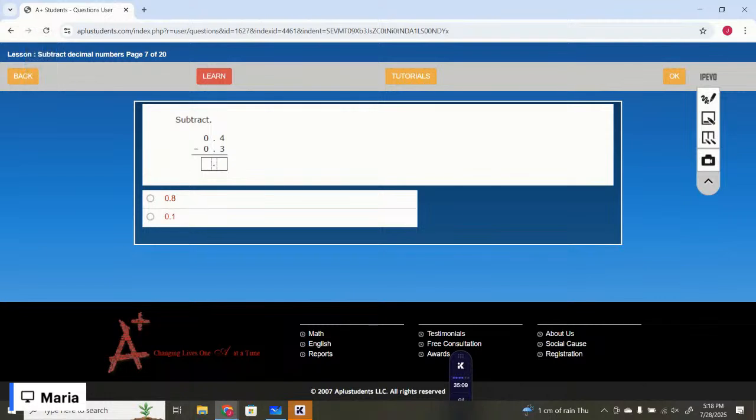0.4 minus 0.3. So, which is the correct option? That is 0.1. Option number 2 is the correct option.